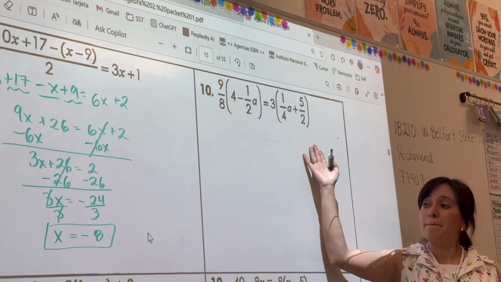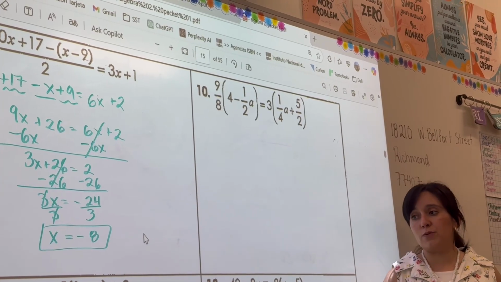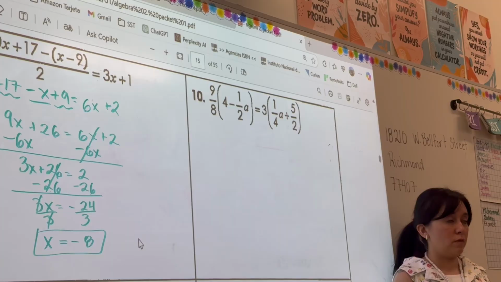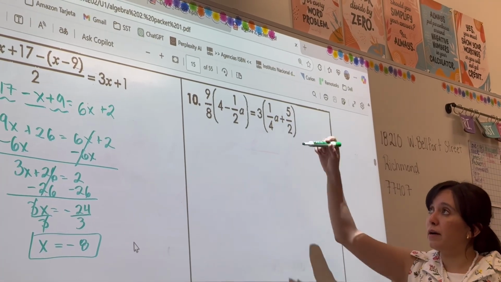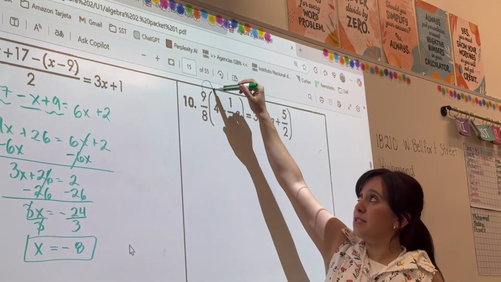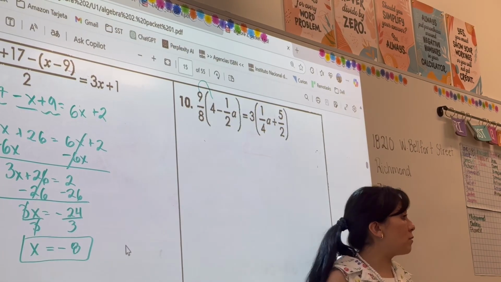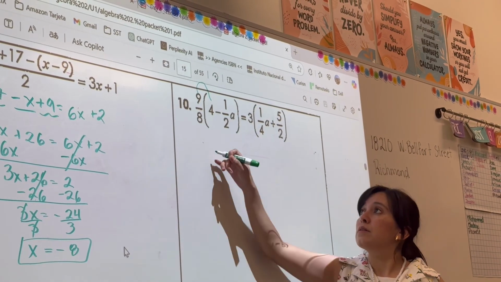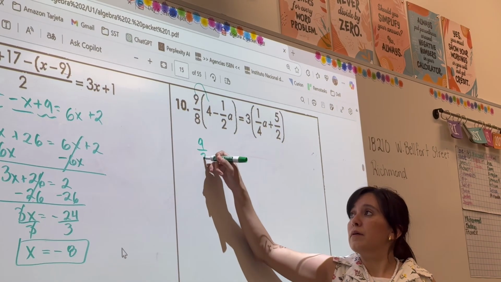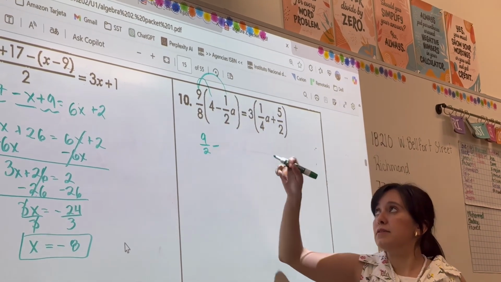And here, that we have a lot of fractions, what do you think? Okay, distribute the number to get rid of parentheses. So this times this is going to be 9 over what? 2. Minus this times this.